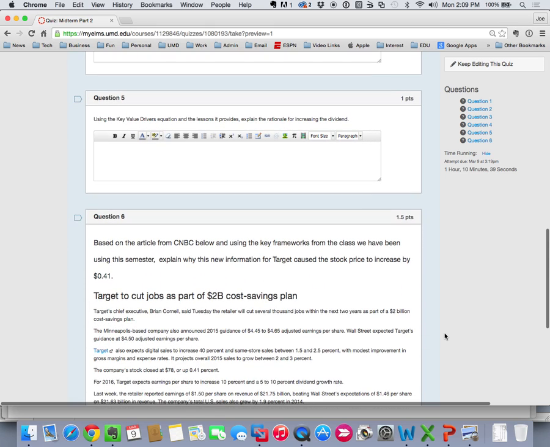Using the key value drivers equation and the lessons it provides, explain the rationale for increasing a dividend. Well, the dividend is like the payout rate. If you increase the payout rate, you're reducing the reinvestment rate. The reason that you'd be reducing the reinvestment rate is if you don't think you have value creating growth opportunities.